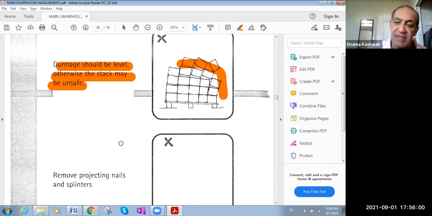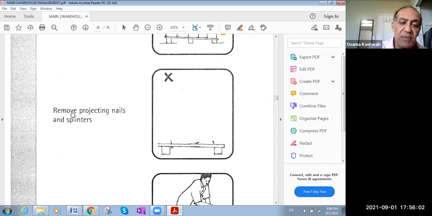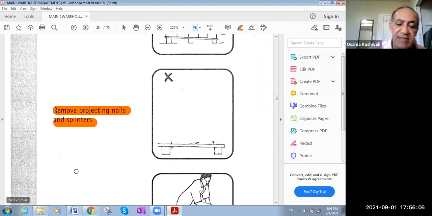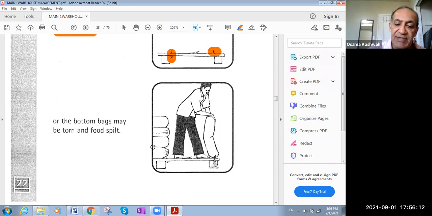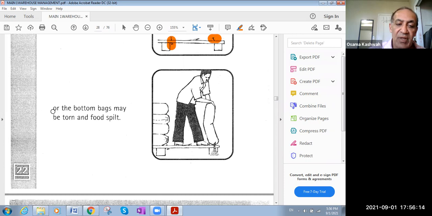Remove projecting nails and splinters. If there are nails like this nail, as an example, try to remove it, don't leave it, or the bottom bags may be torn and food spilt.